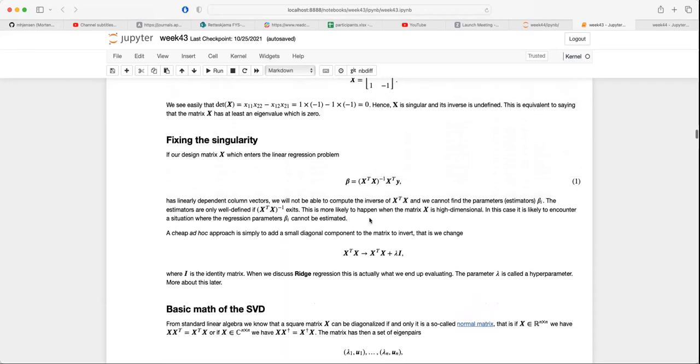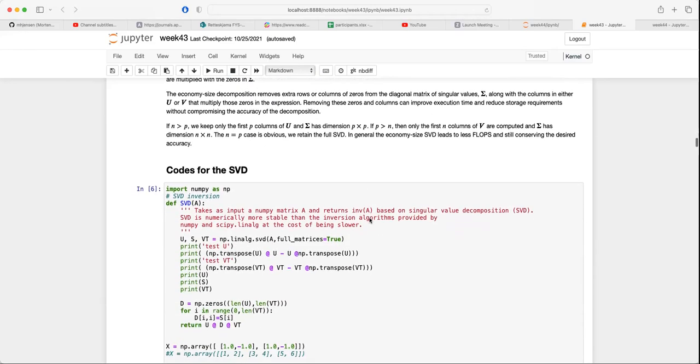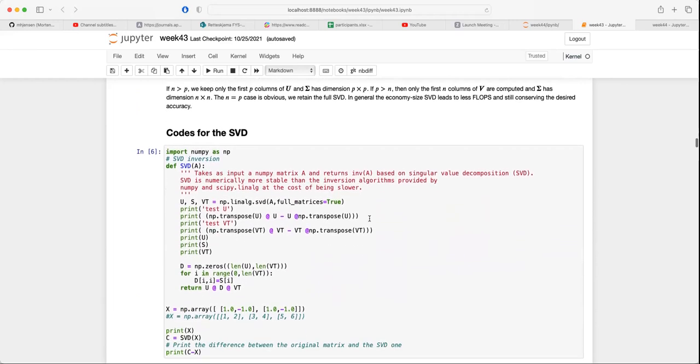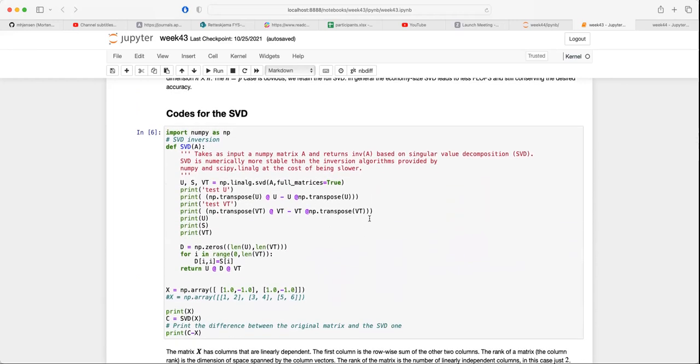So let me just quickly go down a little bit here. There are codes for doing the singular value decomposition, but I wanted to switch back a little bit before we look at the codes, and look at some of the mathematics of the singular value decomposition, and why that is of interest for ordinary least squares and ridge regression in particular.